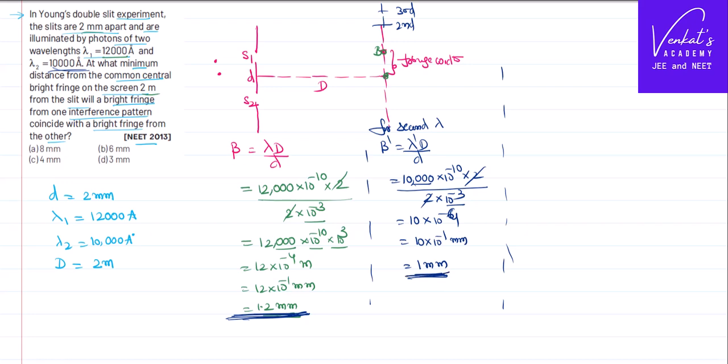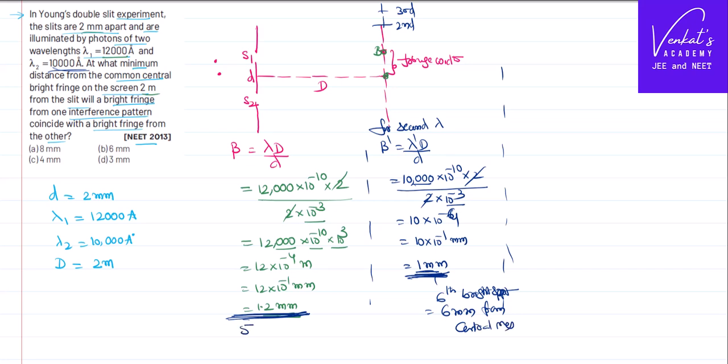At 1 millimeter spacing, it means the sixth bright spot here. Where is that sixth bright spot located? Each one is 1 millimeter, na? It is 6 millimeter from the central bright, from the central maxima.